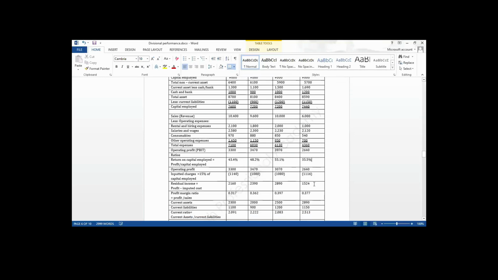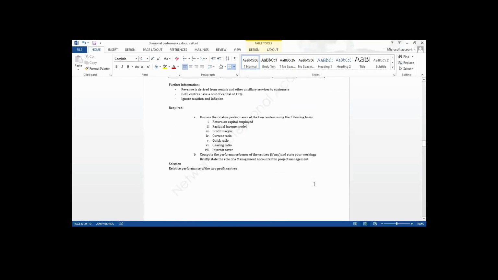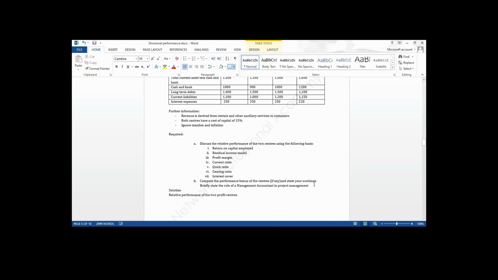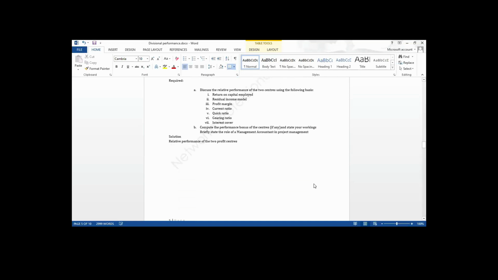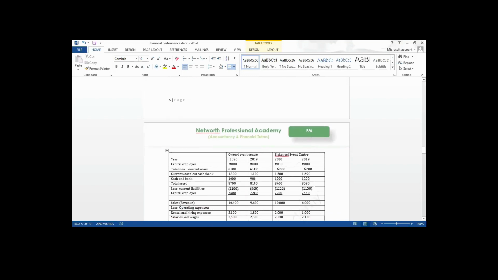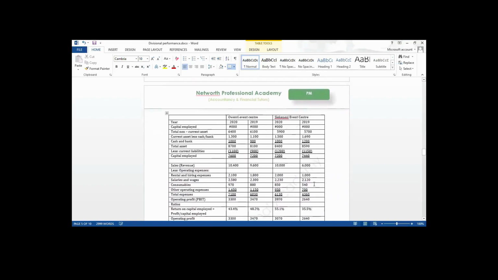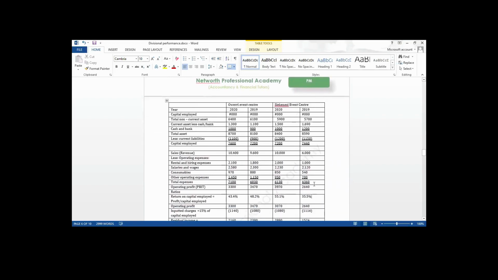A Roman figure 2, residual income. Residual income is operating profit minus imputed interest charges. Please define it in your book, calculation-wise.